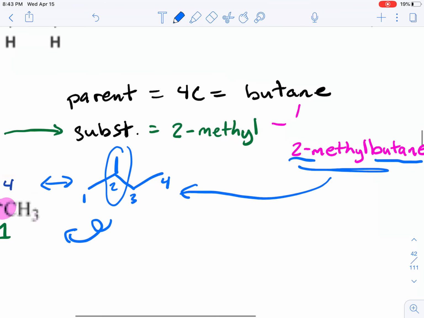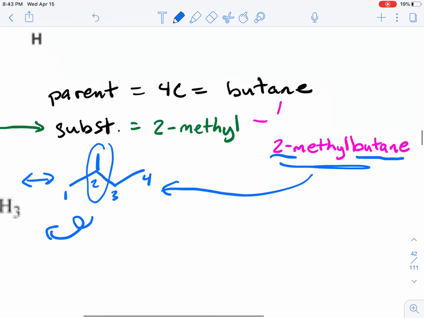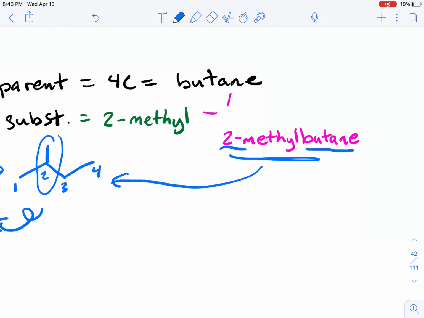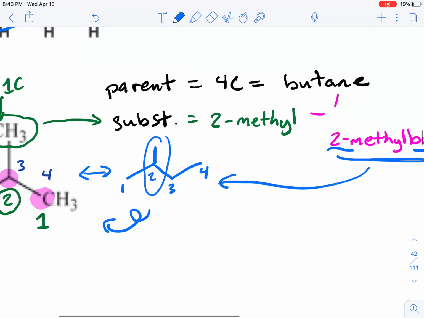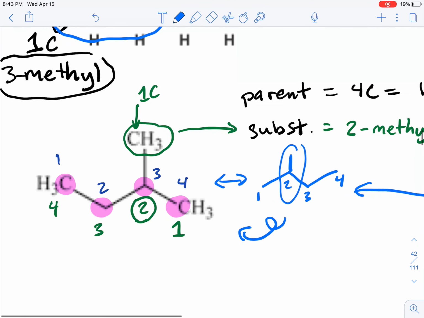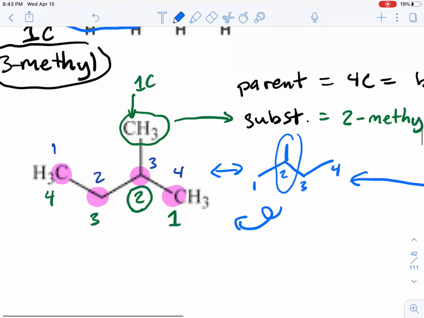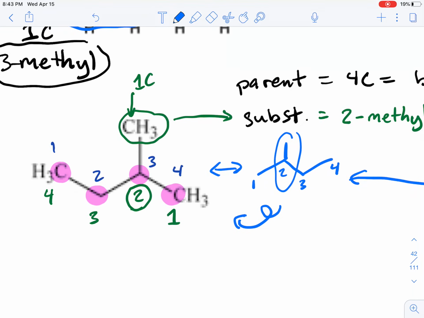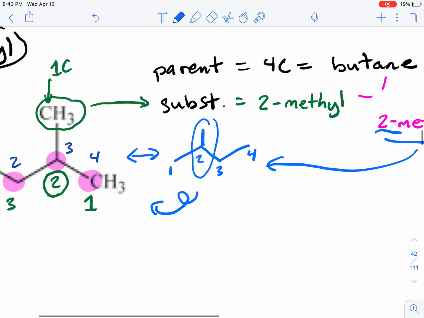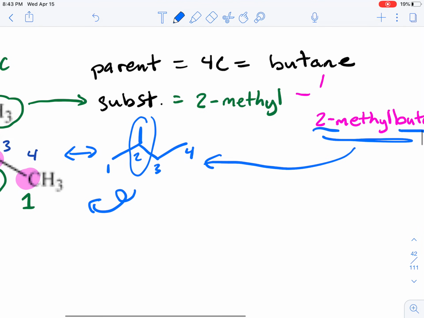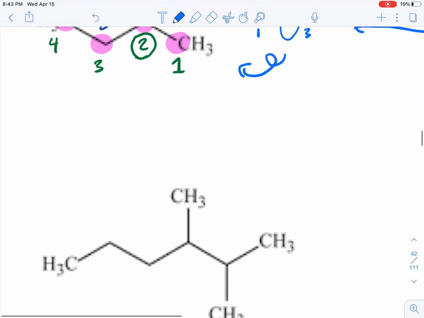I personally typically like to number from left to right when I'm going from name to compound, just because I read from left to right. And so therefore the compound that I draw will not always be the exact same compound that I see, but it's going to be the same compound if I flip it a certain way. And both answers are still correct. Now if you number from right to left, that's okay as well. Okay. All right.